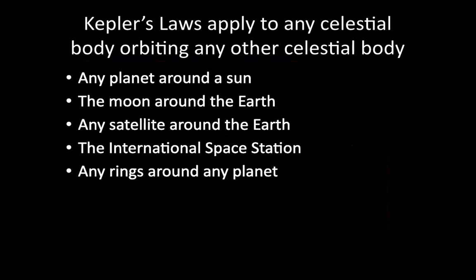So any planet around the sun, the moon around the earth, any satellite around the earth, the International Space Station, and any rings around any planet. Does anybody have questions? Kepler's laws are confusing, but we need to focus on 1 and 2.